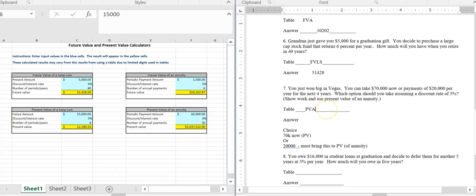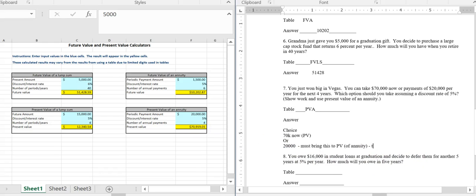In my PVA table, present value of an annuity, I'm going to put in $20,000 at 5% for 4 years. And I'm going to see that that is really today. This is what this is worth today.